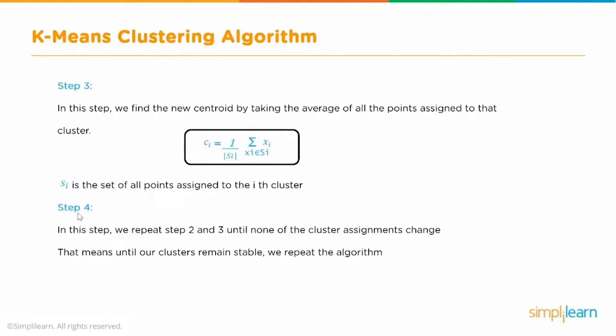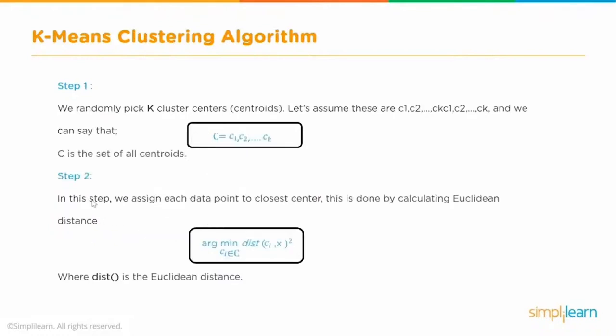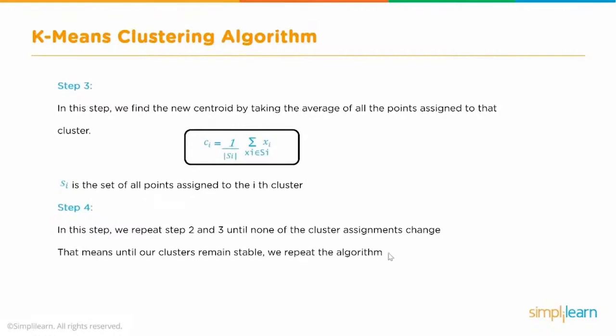Okay? And we again calculate the distance. So we go back to step 2, which is what? We calculate again the distance of each of these points from the newly positioned centroids. And if required, we reassign these points to the new centroids.